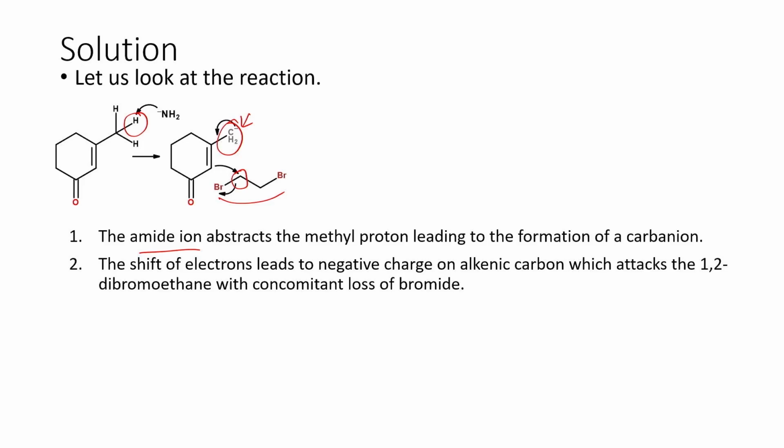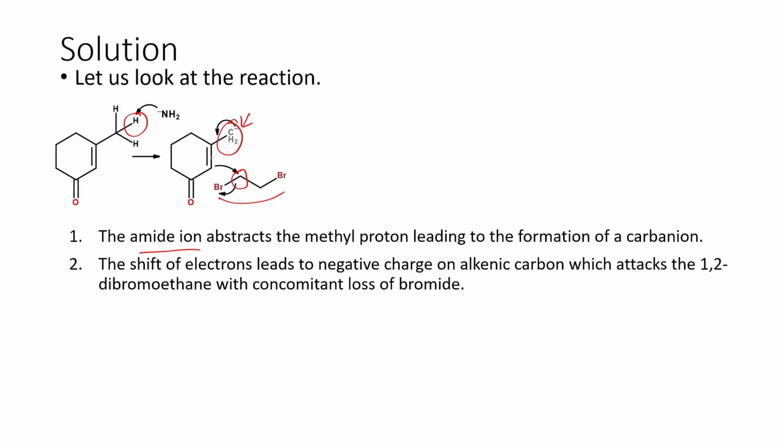So in other words, this carbanion directly attacking this particular 1,2-dibromoethane is also possible. Second, the carbanion's negative charge can be shifted between the carbon and carbon bond, and this alkenic carbon can also attack this 1,2-dibromoethane.